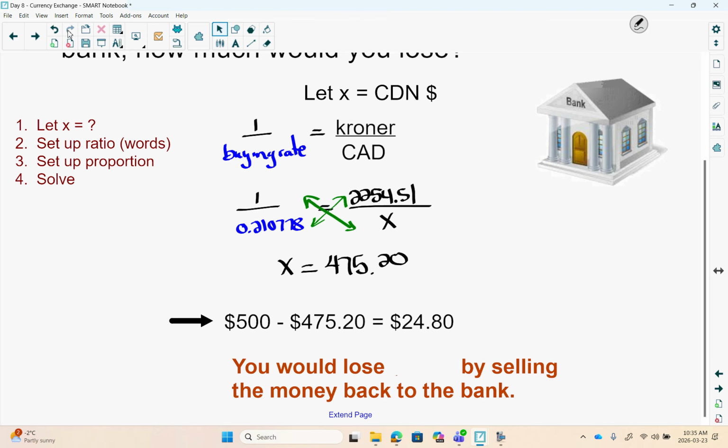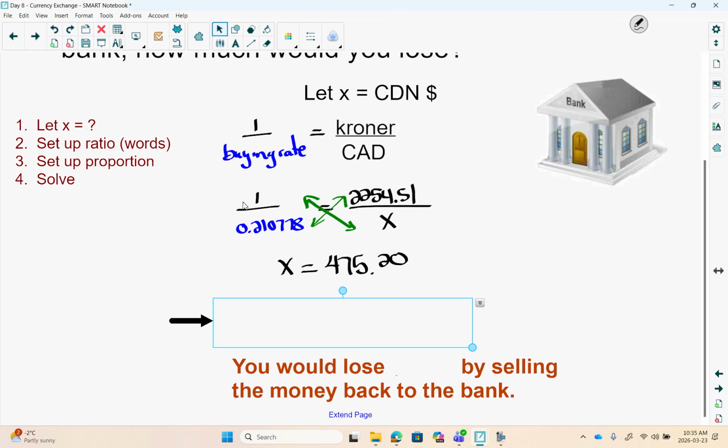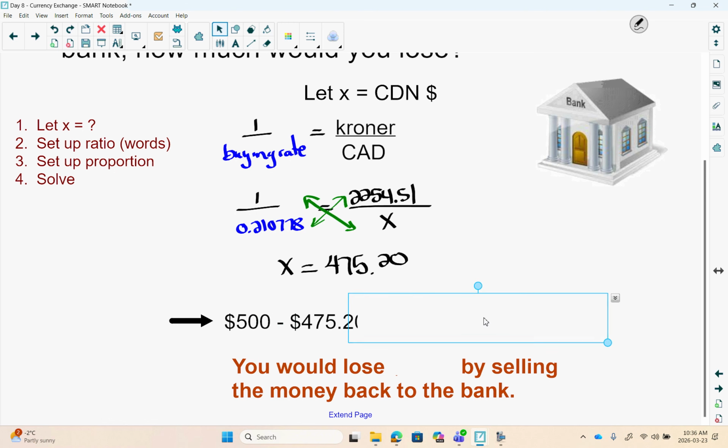How would you figure out how much money you lost? If you started with $500 and after canceling your trip you now only have $475.20, you're going to end up losing, I would subtract $475.20 from $500.